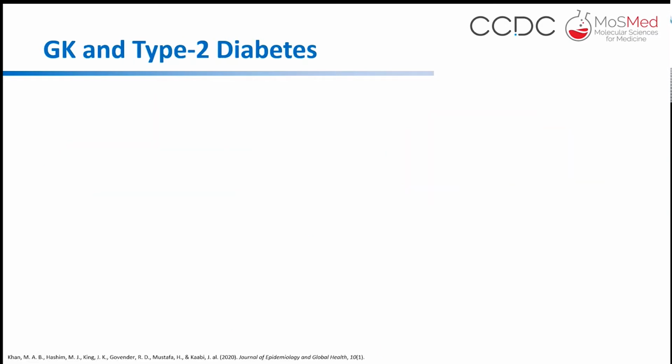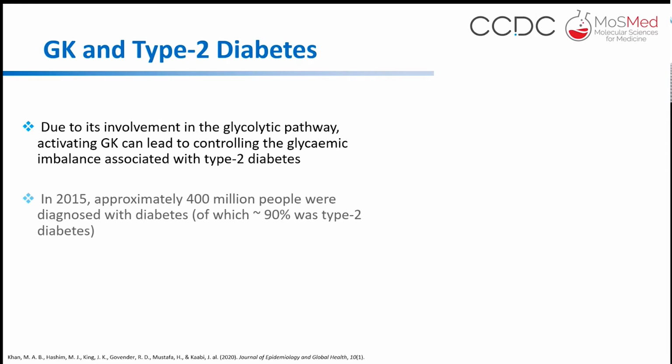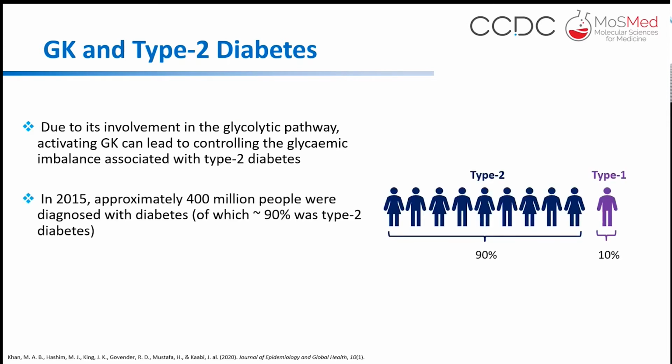The reason why there's a lot of research into glucokinase is because of its clear link to type 2 diabetes. This is because it's involved in the glycolytic pathway. So being able to activate GK can lead to the control of the glycemic imbalance that is associated with type 2 diabetes. And this is especially important nowadays with the rise of diabetes cases.